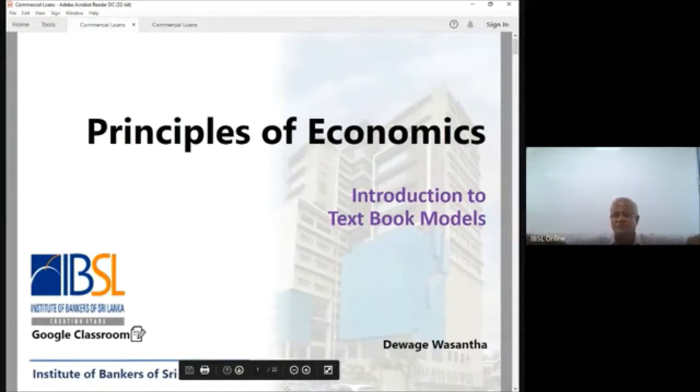Positive, normative, another classification. Here the subject economics, you study under 2 aspects. First, the theoretical economics, theoretical models. The other one is applied economics. How you apply this? Applied economics.